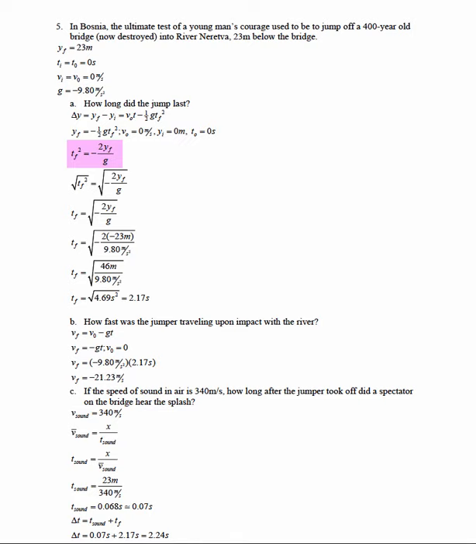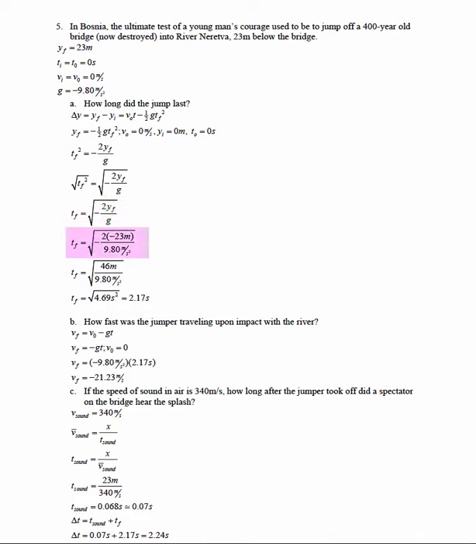So we just cleaned up this term here by moving things around. So again, if we take the square root of both sides of the relationship, we end up with the final time is equal to the square root of minus 2y final divided by gravity.